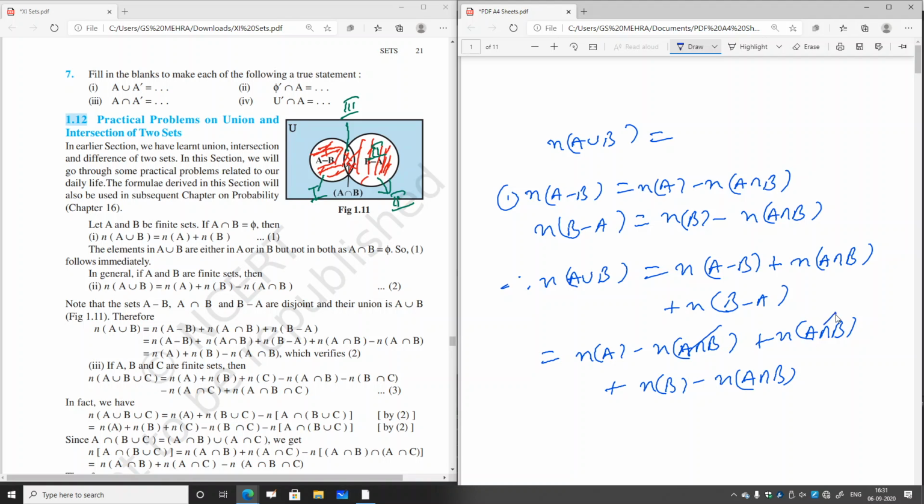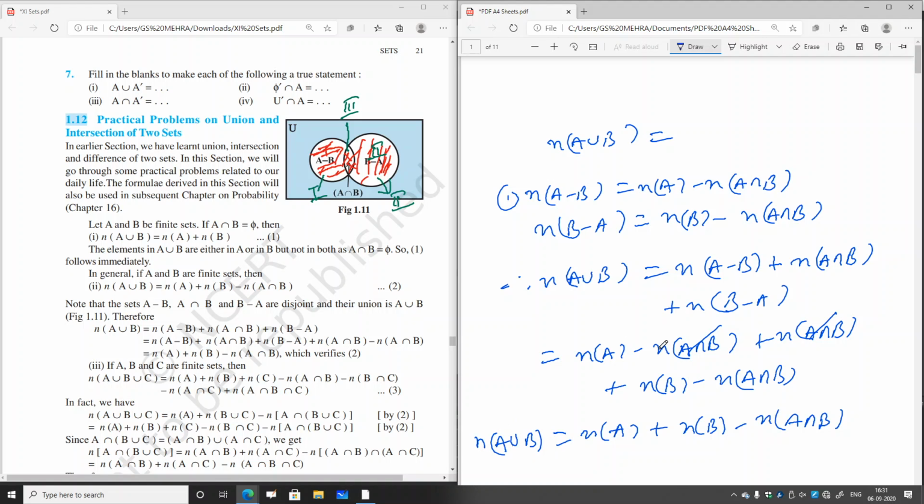This will become equal to N A plus N B minus N of A intersection B. So this is the formula for finding out the number of elements in the set A union B.